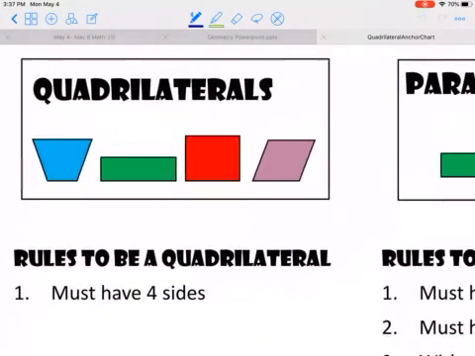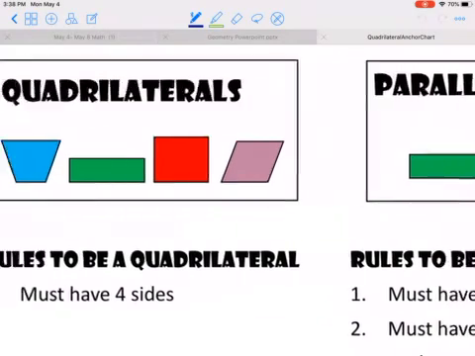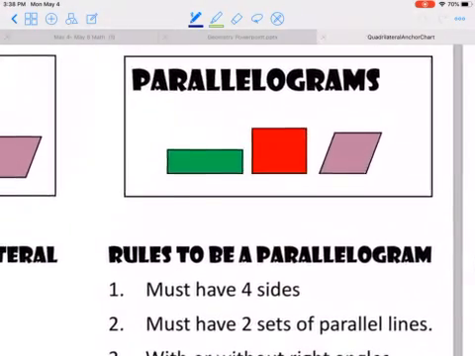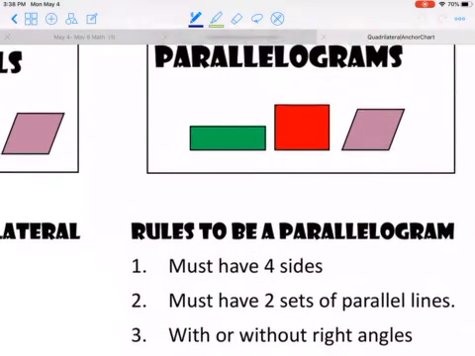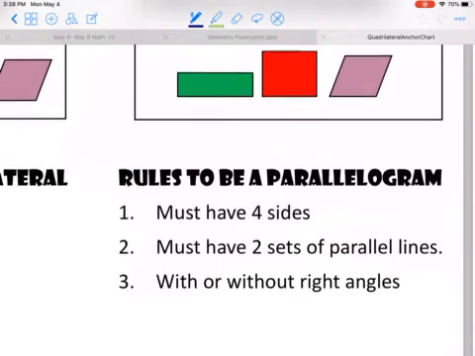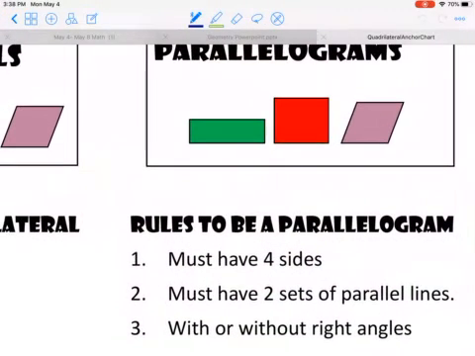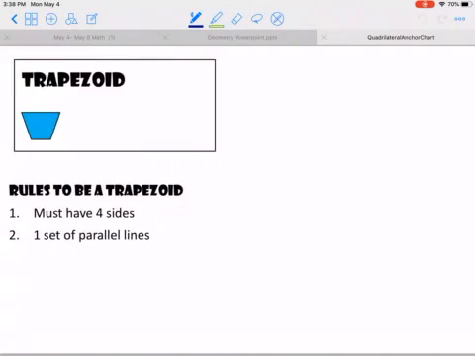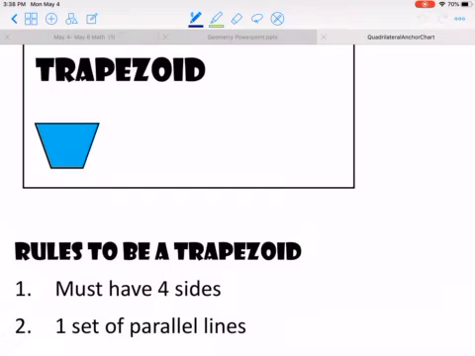In our bigger category, quadrilaterals must have 4 sides. That's the only rule there. Parallelograms must have 4 sides, must have 2 sets of parallel lines, and they do not have to have right angles. So 4 sides, 2 sets of parallel lines, and can have right angles, but does not have to have right angles. And then our trapezoid, they're kind of unique. A trapezoid must have 4 sides.